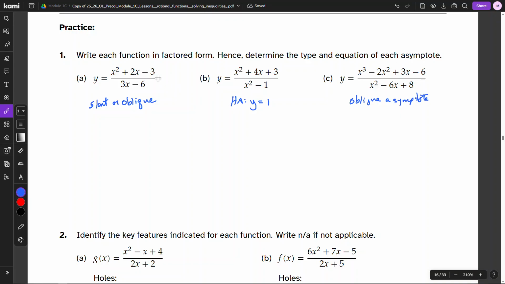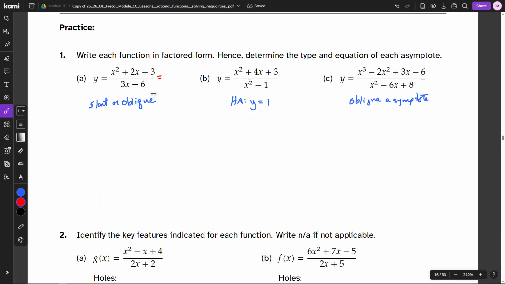Right. Now, the reason for writing these functions in factored form is because it will make your life easier to recognize if we might simplify. Right? And if I might have a removable discontinuity that would result in not having a slant or oblique asymptote possibly.